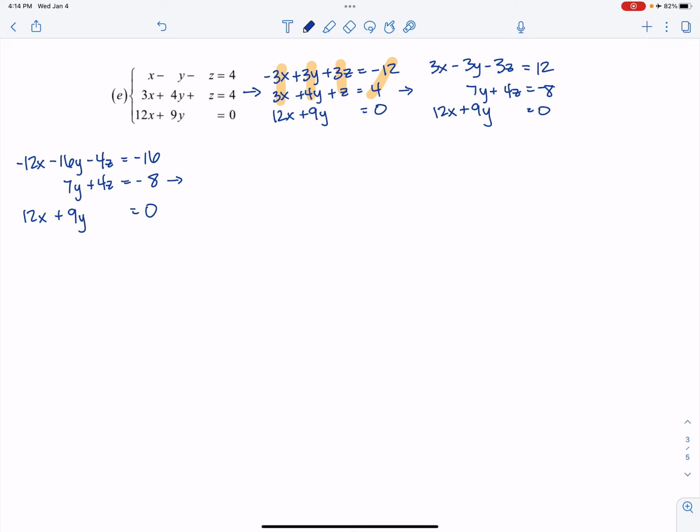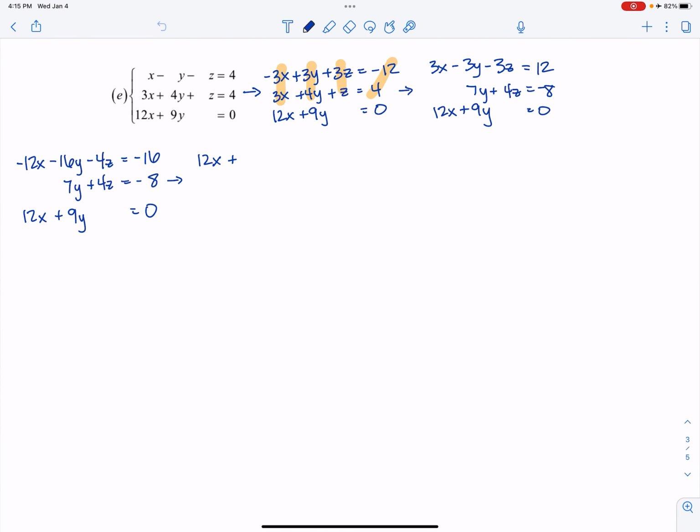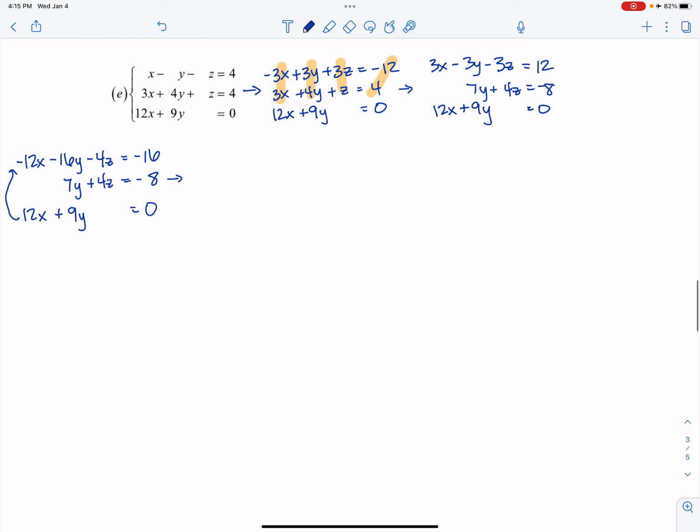So if I do the same thing I did before where I add, and then after I'm done adding, I multiply by negative to make it positive again, we'll have 12x plus... oh, you know what, actually, oh no, instead of that, I'm gonna move this equation to the top because the z is already eliminated in this equation, so it's gonna make it a lot easier for solving.